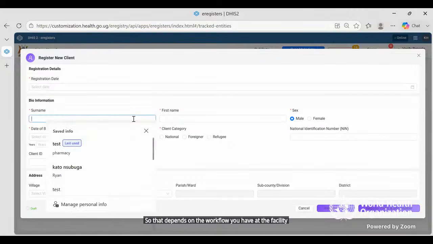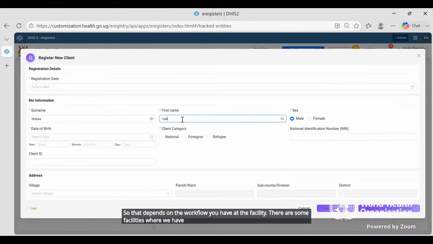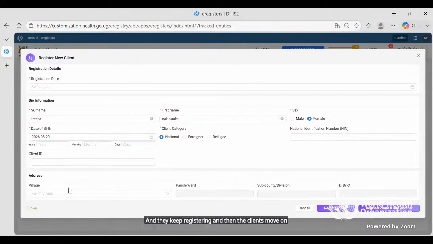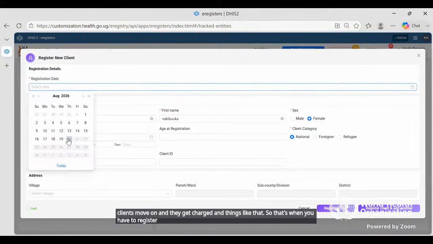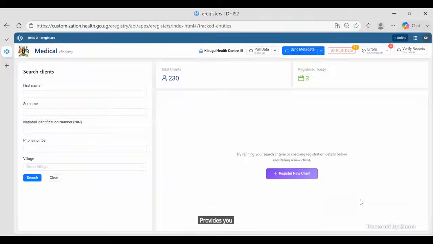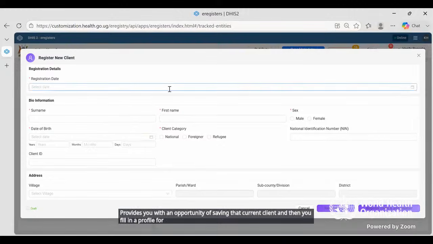There are some facilities where we have people that are registering somewhere and they keep registering, and then the clients move on, they get triaged and things like that. That's when you have to register and add another. Register and add another provides you with an opportunity of saving the current client, and then you fill in a profile for another client.